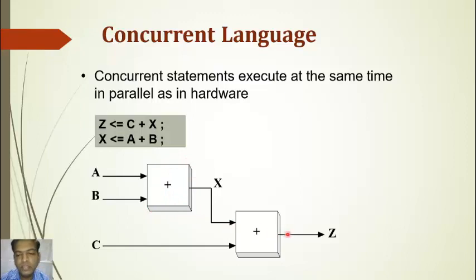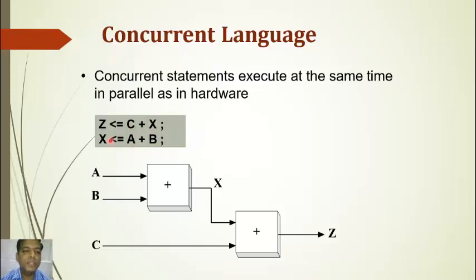Finally, Z is obtained from the inputs C and X. These are two concurrent statements which are executed at the same time, in parallel, as in hardware.